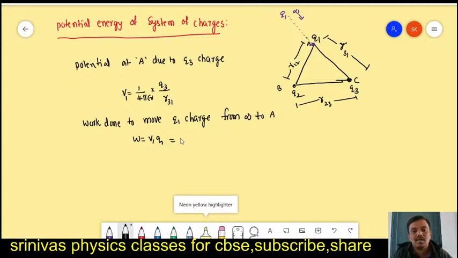We are moving the Q1 charge. Then potential into moving charge. Potential is V1. What is the V1?